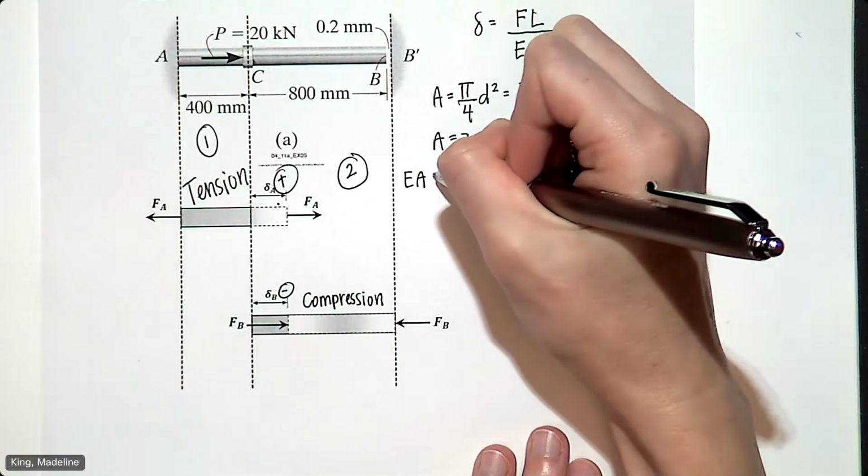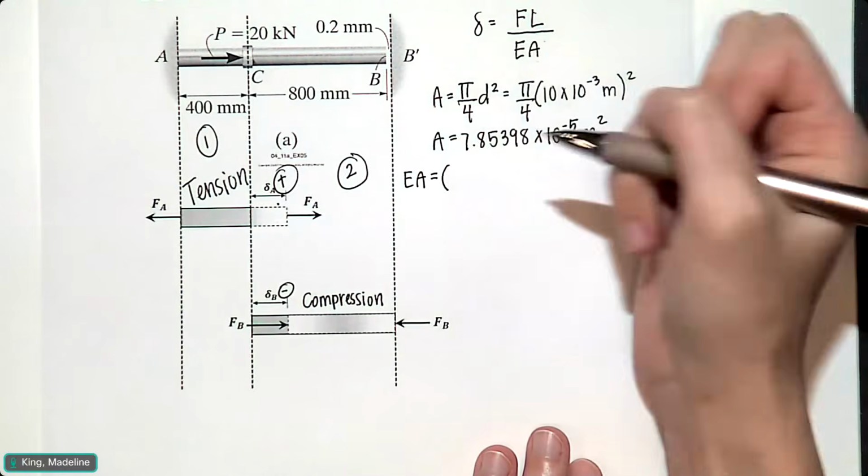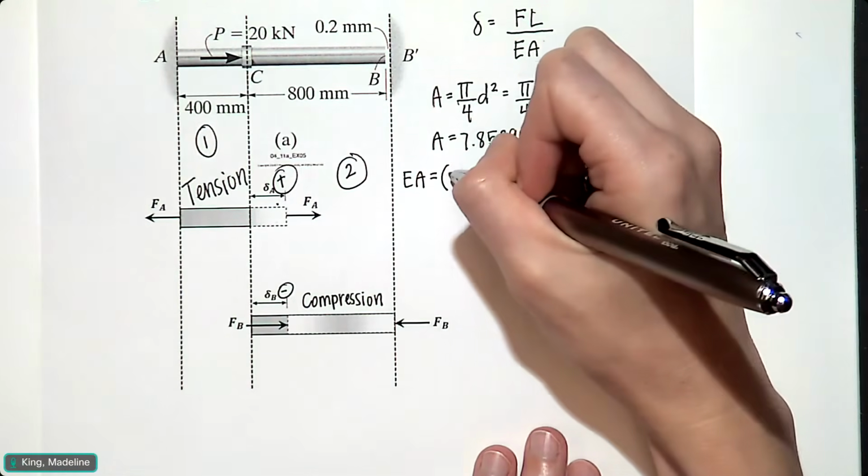Our Young's modulus times our area. So Young's modulus was 200 gigapascals.